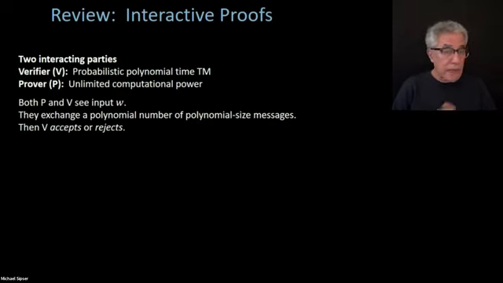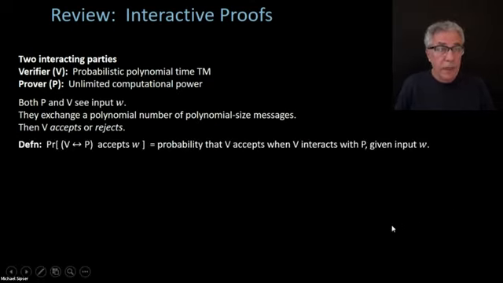The setup we had was the prover and the verifier both see the input. They exchange a polynomial number of messages, and then the verifier accepts or rejects. We had this notion of the probability that the verifier ends up accepting when paired with a particular prover.